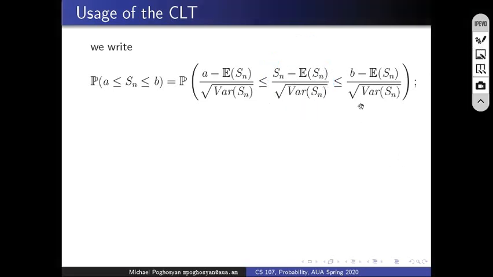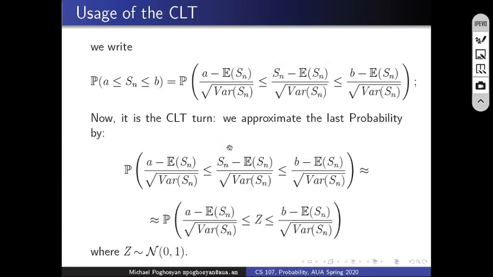So let's see what is written here. So CLT says this probability we wanted to calculate is approximately the probability with Z instead of this. Z is standard normal. Now, we know how to calculate this expected value. This is a number.